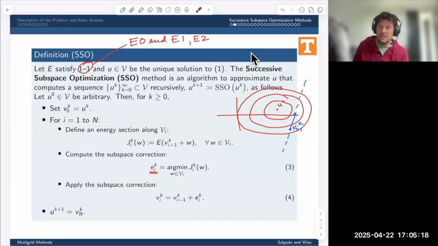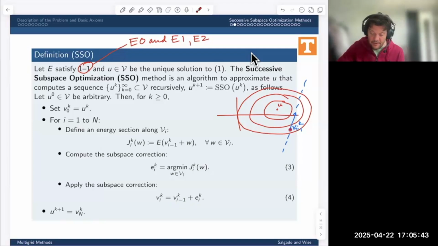You should think about this the same way you did multigrid, thinking about the coarse grid correction. The coarse grid correction is gotten from the coarse grid. This is gotten from the subspace, however we choose that subspace, by minimizing along that direction. Once we get that correction, we apply it to the last update.